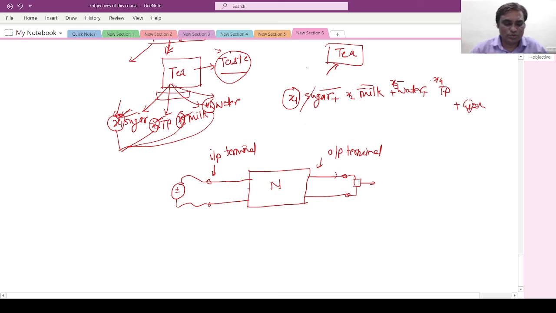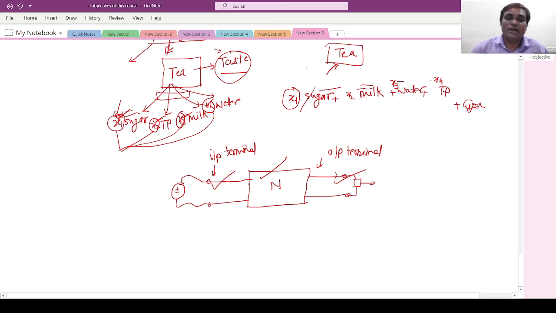So from the input terminal, generally an energy source can be connected, and from the output terminal, your load will be connected, where the power will be dissipated or used to do something. If I would like to do the analysis, I must know what my network is and what my input is, so that I will be able to find out the output for that particular terminal.